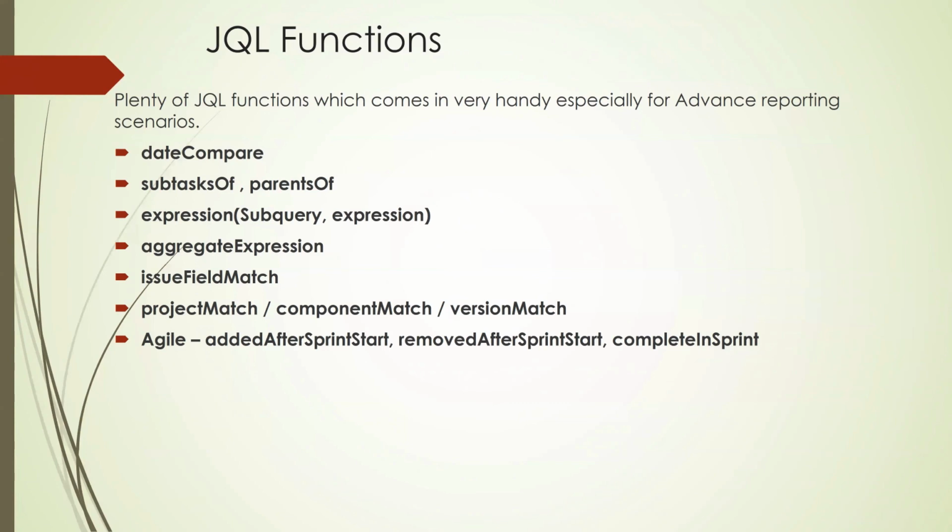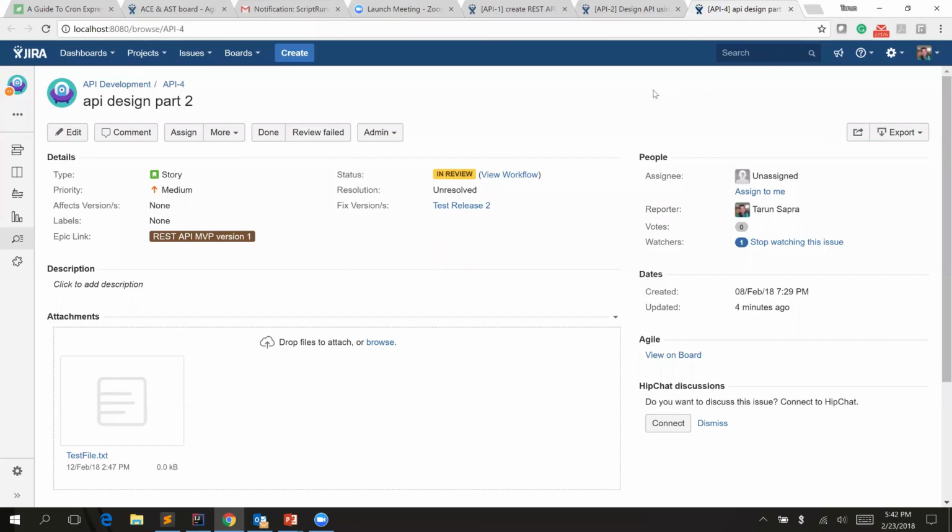That is epics of and issues in epic. Basically, if you want to see all the issues in an epic, let me show you a quick example. You go here to your issue navigator.